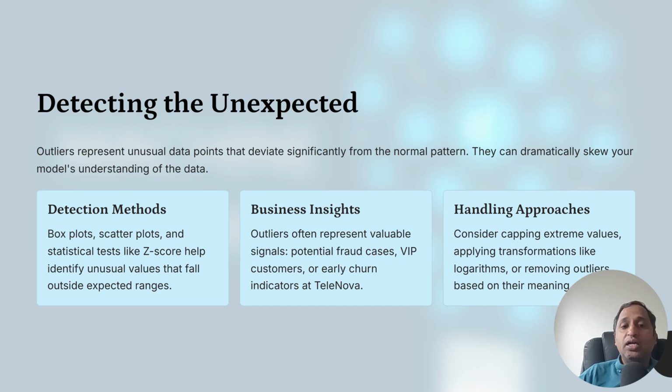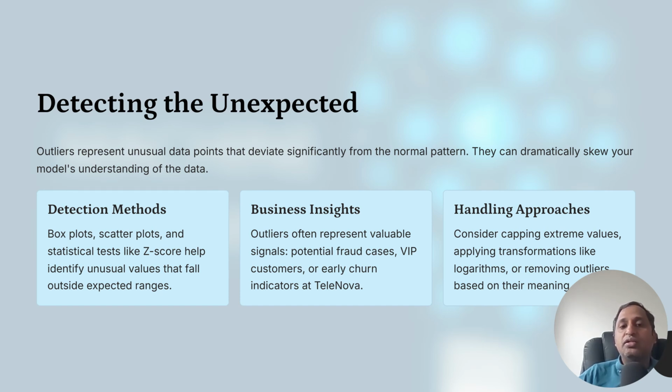So how do we detect outliers? We use visual plots like box plots or scatter plots to see data distribution and then spot outliers visually. Or there are some statistical techniques like the z-score to identify values that fall outside the expected range. But outliers are not always bad. In fact, some of them are incredibly important.